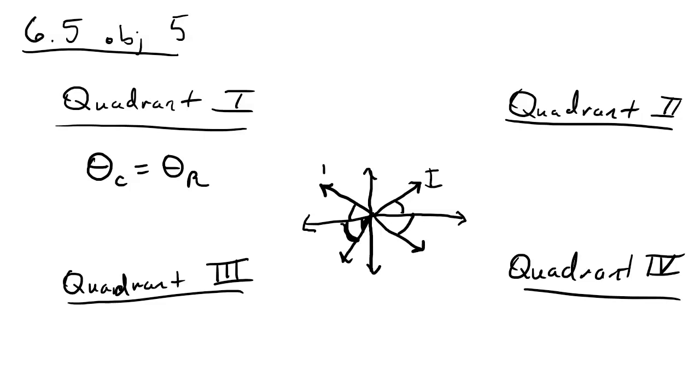In quadrant 2, our reference angle is going to be pi, or 180, minus our theta. So theta r is going to be equal to pi minus theta c.